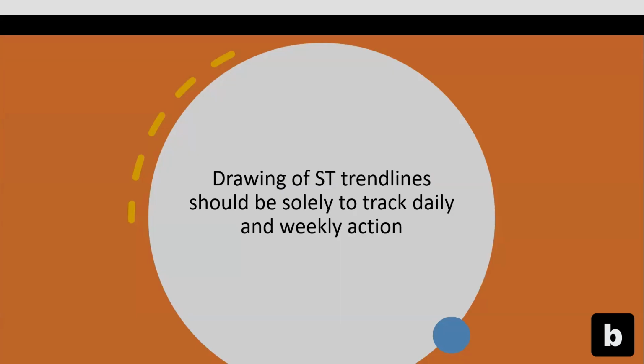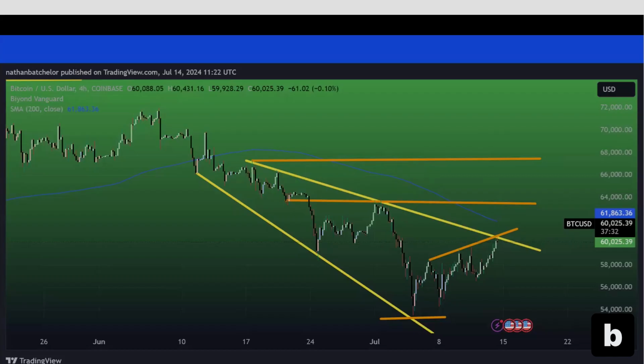So on the drawing of short-term trend lines, we should be solely focused on the daily and the weekly trading action. So if I was to look at a chart of Bitcoin now, how would I attack that if I was drawing trend lines? I think the best thing for me to explain here would be the sequence of events that could take place.